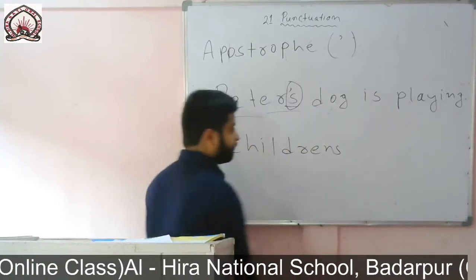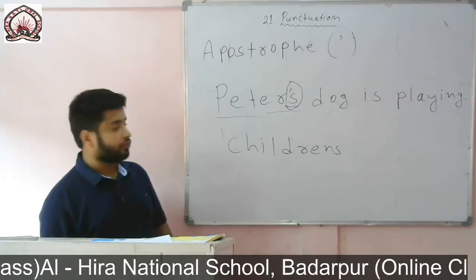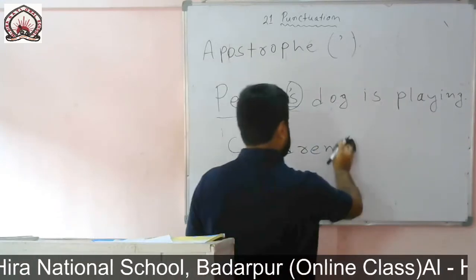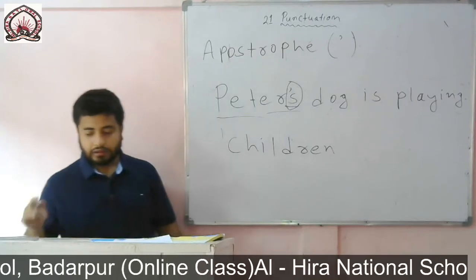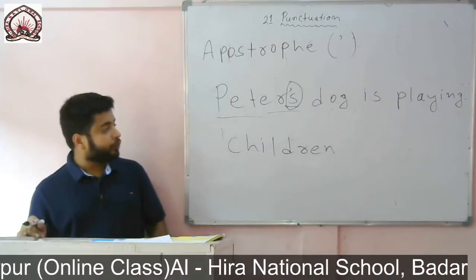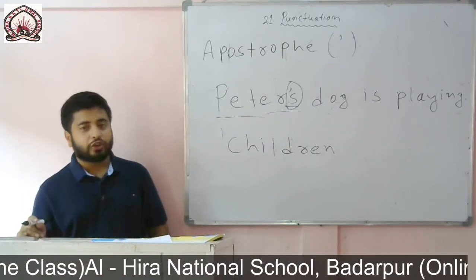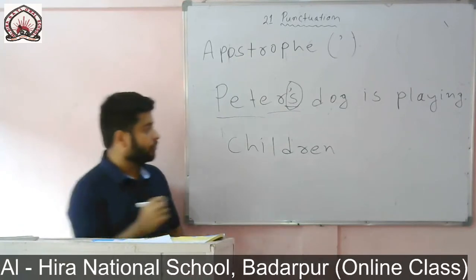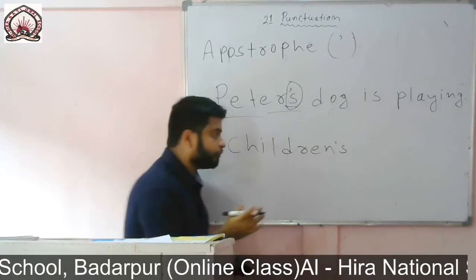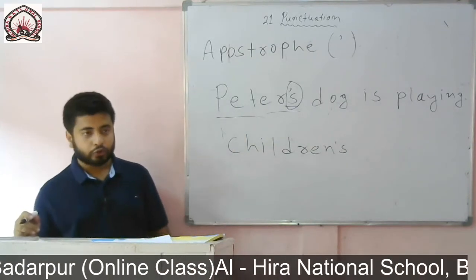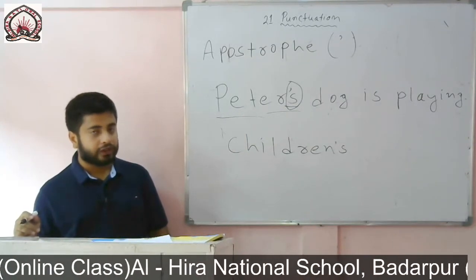We cannot say 5 childrens, 6 childrens. So if it is plural and it does not end with S, then what will we do? We have to use apostrophe before S.